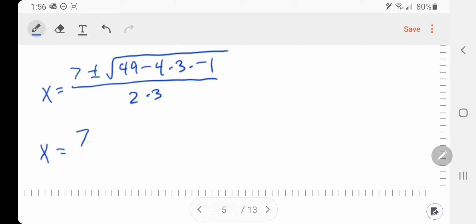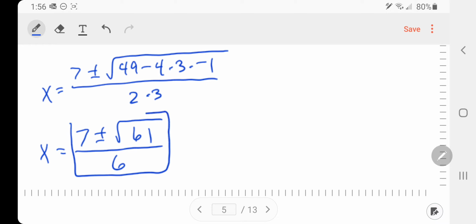And that's going to give us 7 plus or minus the square root of, and I'm going to use my handy dandy calculator to do 49 minus 4 times 3 times negative 1. And that gives me 61.